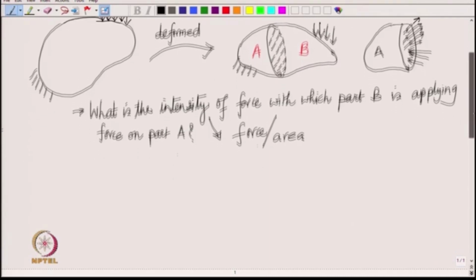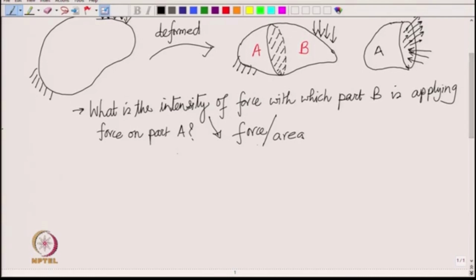Let us try to redraw that section. I am going to draw part A again, and here is the section, and suppose I want to know the intensity at some point which I call x.